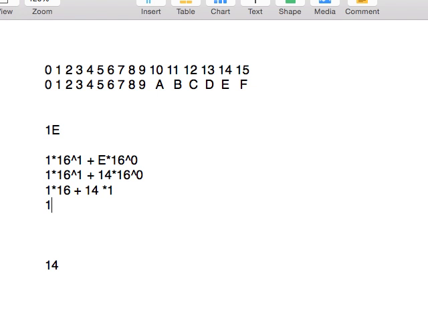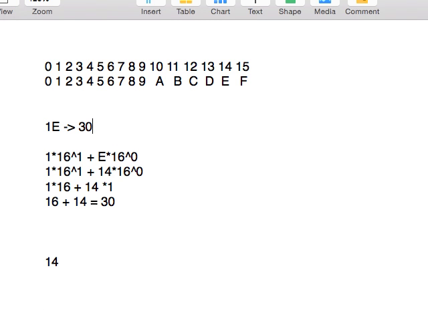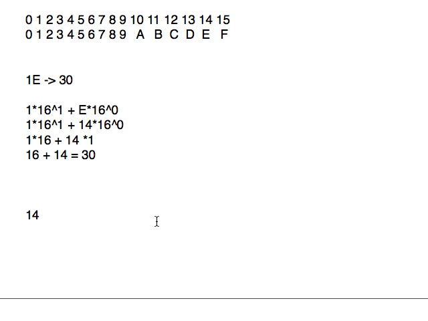So we've simply got 16 plus 14, which equals 30. So 1E in base 16 is 30 in base 10. Okay, excellent. To make room, I'll move this around a little bit.